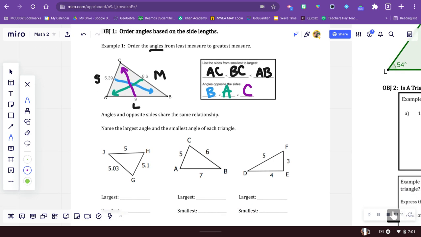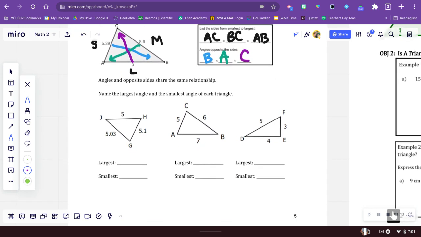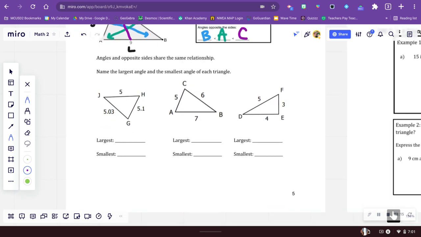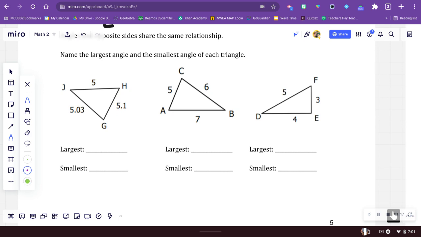Let's look at some more examples using the same idea. These examples say, name the largest angle and the smallest angle of each triangle. So let's focus on the largest first. If I look at this triangle JHG, the left side triangle, I'm going to look for the largest side.